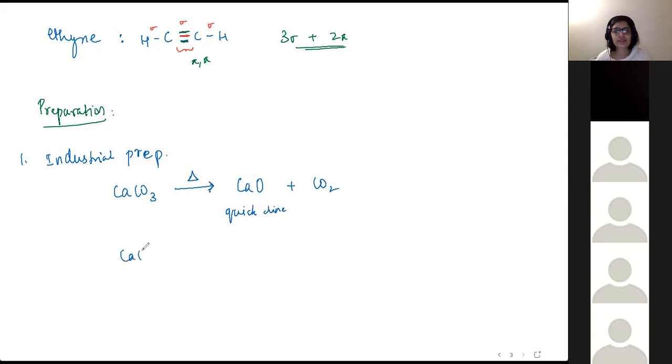When you heat calcium oxide with coke, which is basically a form of carbon, kind of like coal, in excess of coke, you get calcium carbide, CaC2.